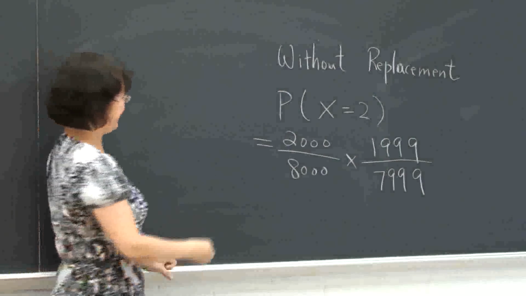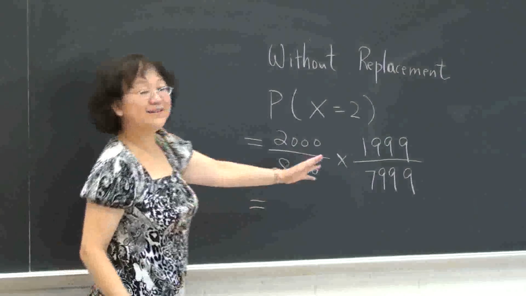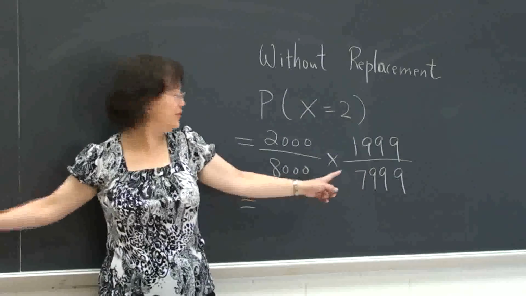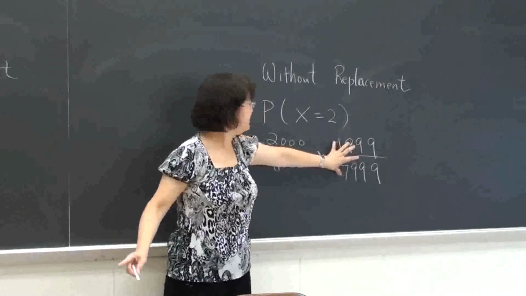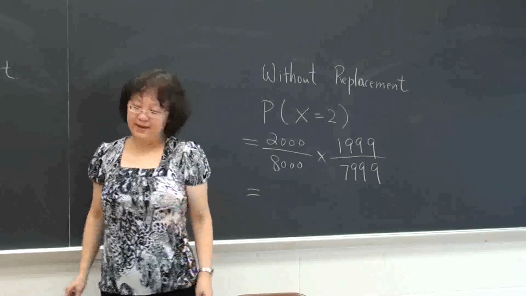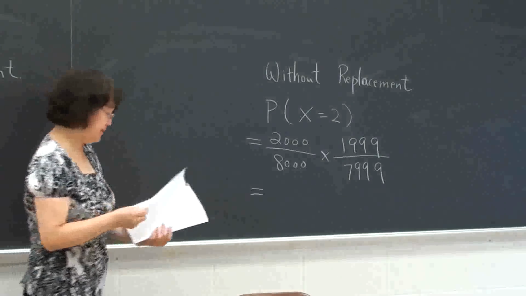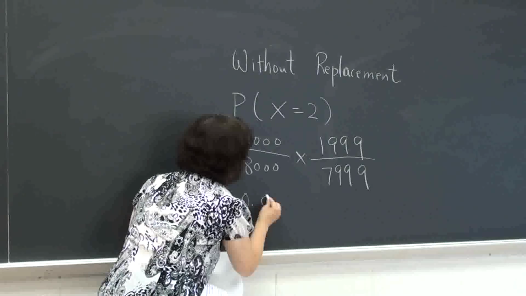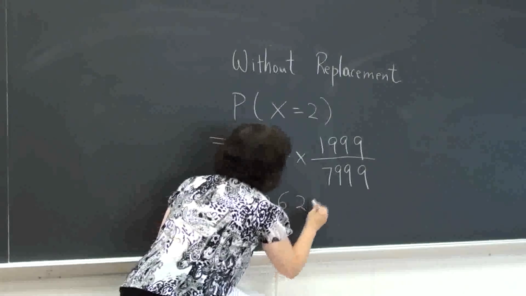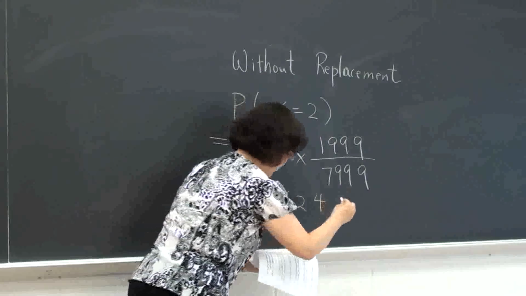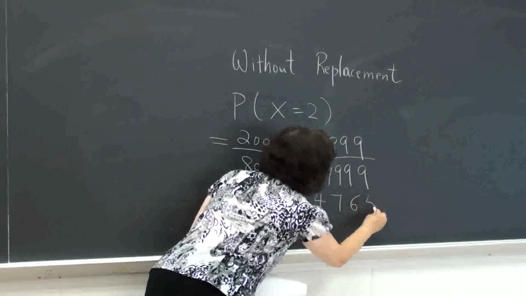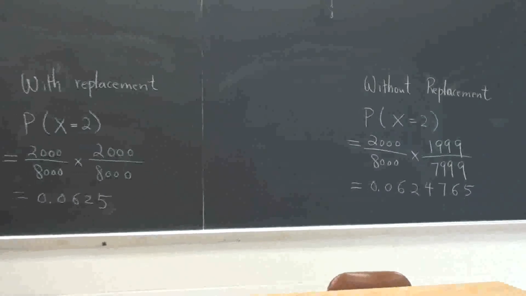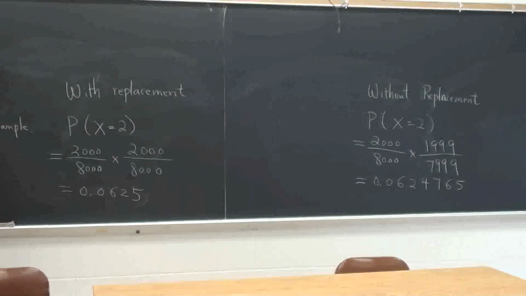So we compute that, and just looking at it, you know that this answer won't be too far off, because this is pretty close to that. I use my calculator. The answer is 0.0624765. And you can see that these two answers are very close to each other.